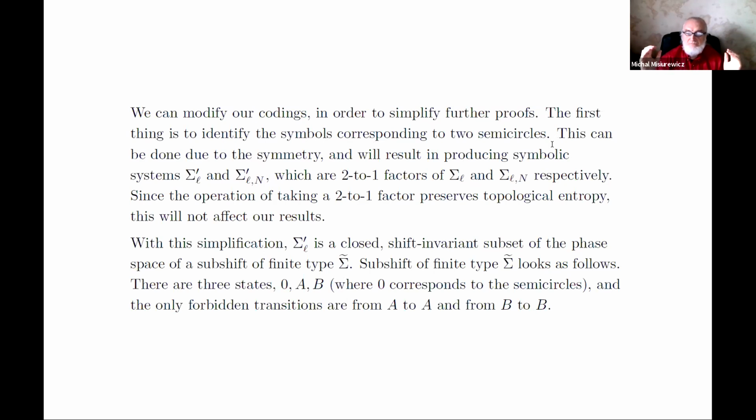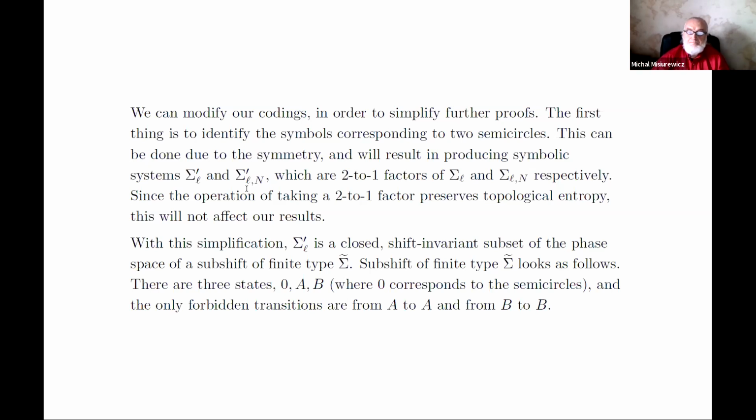So in such a way you get a 2-to-1 factor. And I use the prime for those factors. And of course, if you take a 2-to-1 factor, topological entropy does not change.